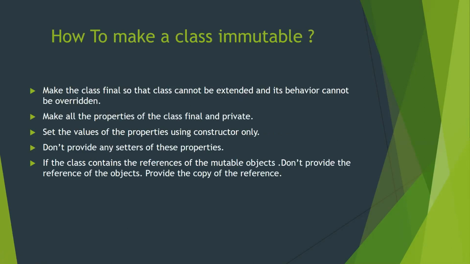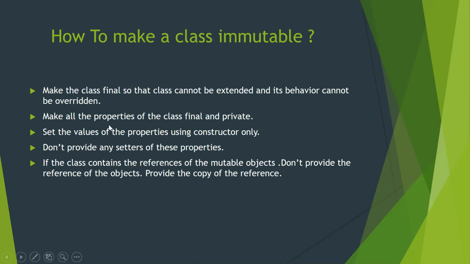The next point is, how can we make a class immutable? The very first point you need to note is you have to make your class final. As soon as you make your class final, it cannot be extended. So the behavior of its methods or its properties cannot be changed. So this is the very first point: you have to make your class final.